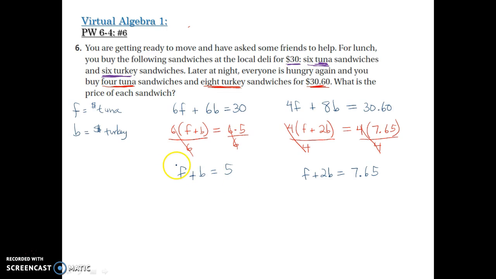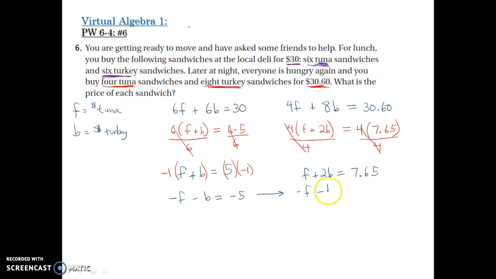If I were to multiply both sides of this equation by -1, I would get -F minus B equals -5. And now if I were to add these two equations together, the F's would cancel out. F plus -F is 0. So I'm going to add these together now.